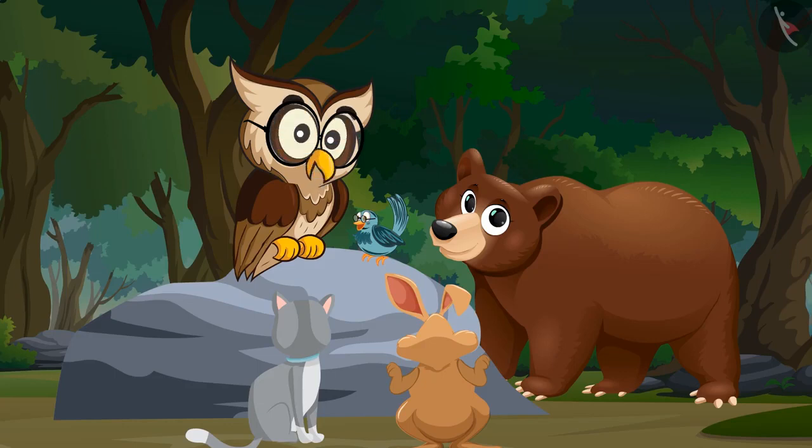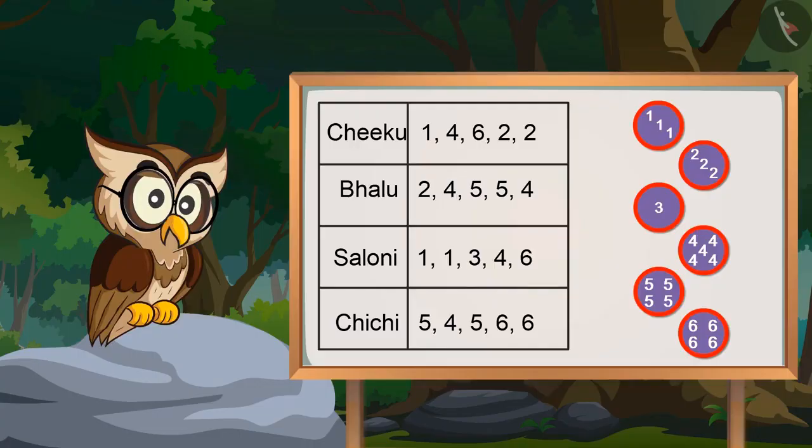Perfect. First of all, we made a collection of all the numbers. And did you notice how I have arranged all the numbers from 1 to 6 in a way that makes it easy to gather the information?